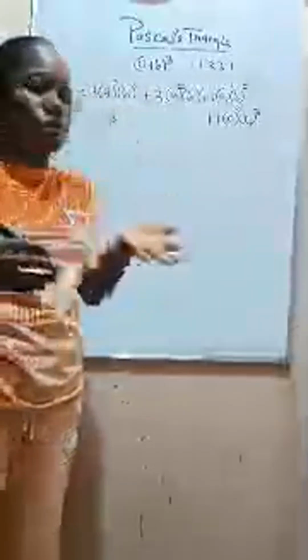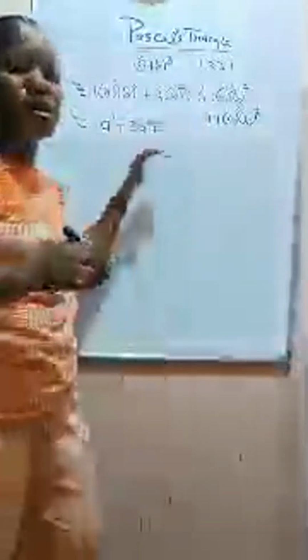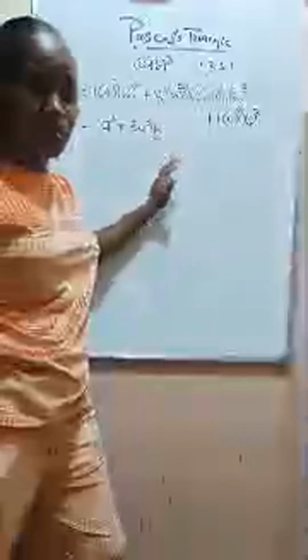Now plus we have 3, then A to the power of 2 is still A squared, and B to the power of 1 is still B. So the second term will be 3A squared B.